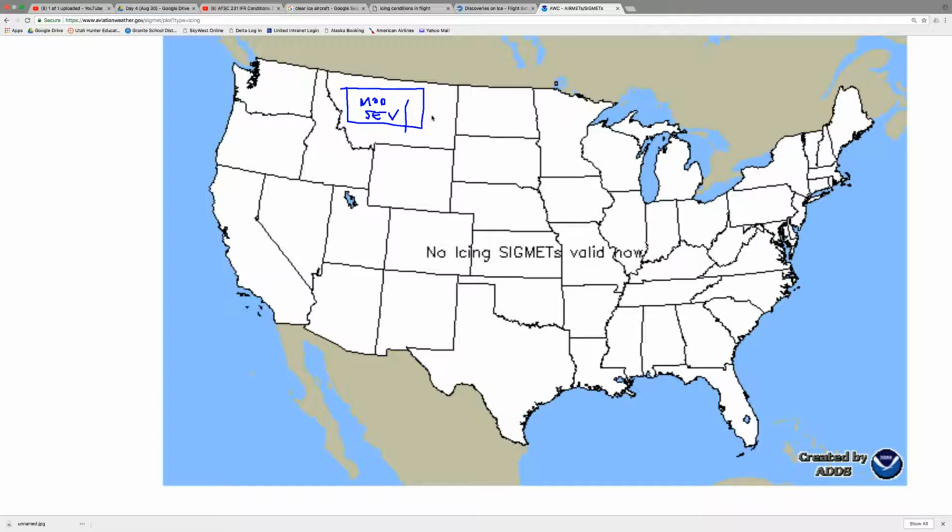But if a PIREP comes out and says right here in this area there's severe icing at our altitude, we can't fly into that area. So we would have to tell the pilots, hey, a PIREP just came out for severe icing over this area at this altitude, and we'd have to redirect him around the known severe icing condition.